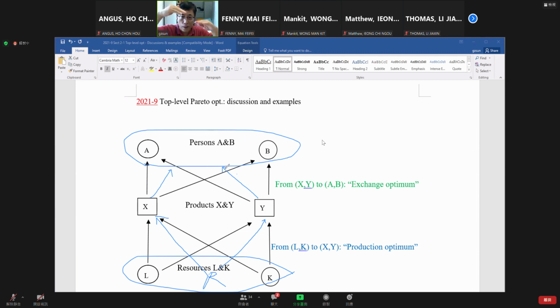So if this one is larger than another, give more resources to this channel, less to this channel, and then the utility will increase. This is a very childish way.